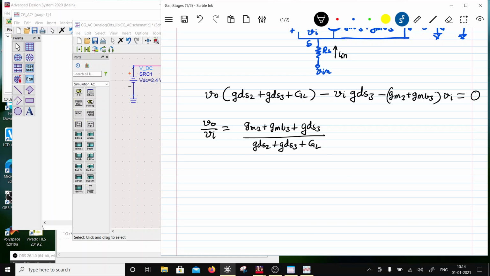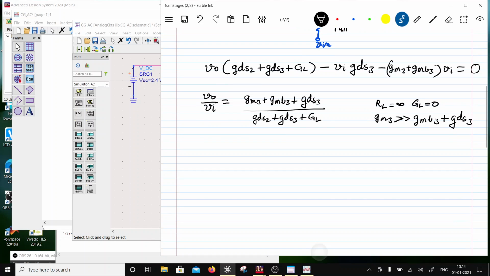Okay, so now if you look at this one, if I assume that RL is equal to infinity, that is same as saying GL equal to 0, and if I assume GM3 to be much larger than GMB3 plus GDS3, so when this condition happens, this would be approximately equal to GM3 divided by GDS2 plus GDS3.